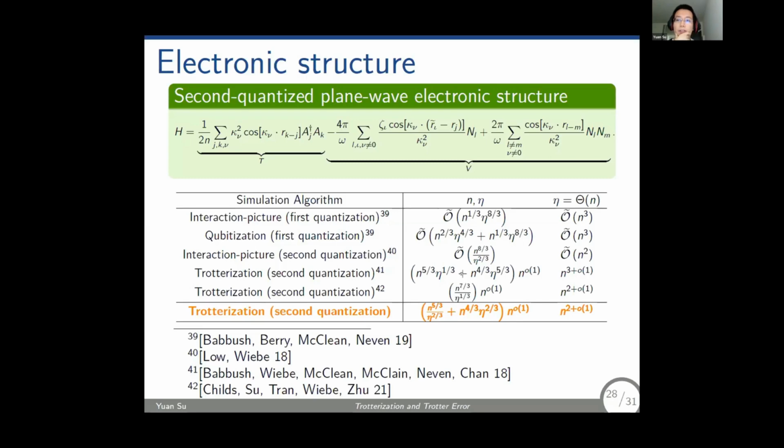It's also better than some of the so-called first quantization results. So in this case, Trotterization performs pretty well. But in general, your quantum chemical Hamiltonian will contain many terms, like n to the 4 number of terms. And in that case, maybe it'll be a better idea to apply some of the more advanced quantum simulation algorithms, like those mentioned in Nathan's talk.